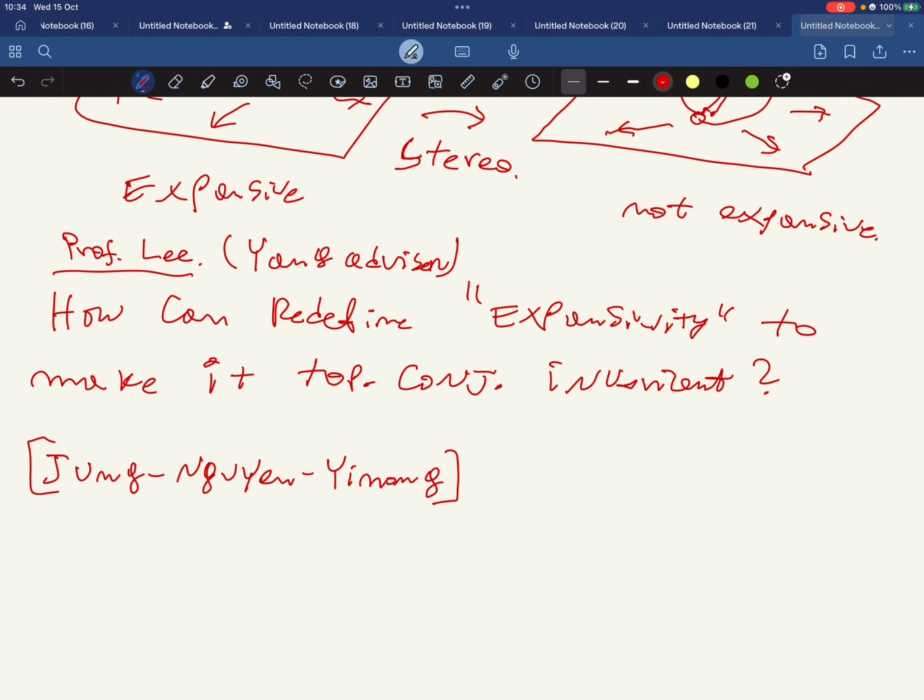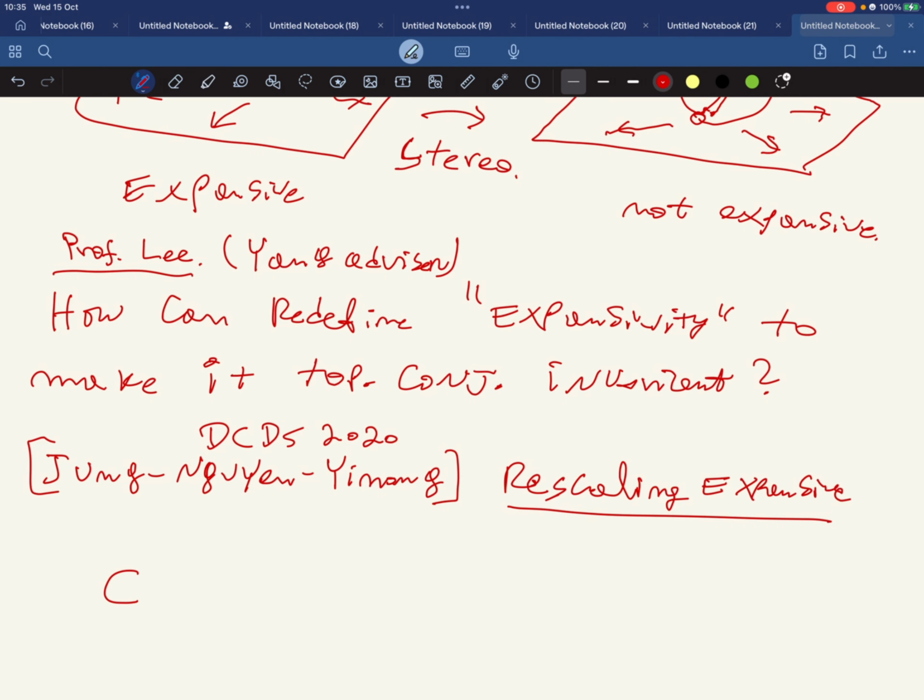They introduced the concept of rescaling expansivity in DCDS, I think 2020. To introduce this definition, to remind you, it will use this functional space, which is the set of continuous maps such that the pre-image of zero is precisely the singularities of the flow.